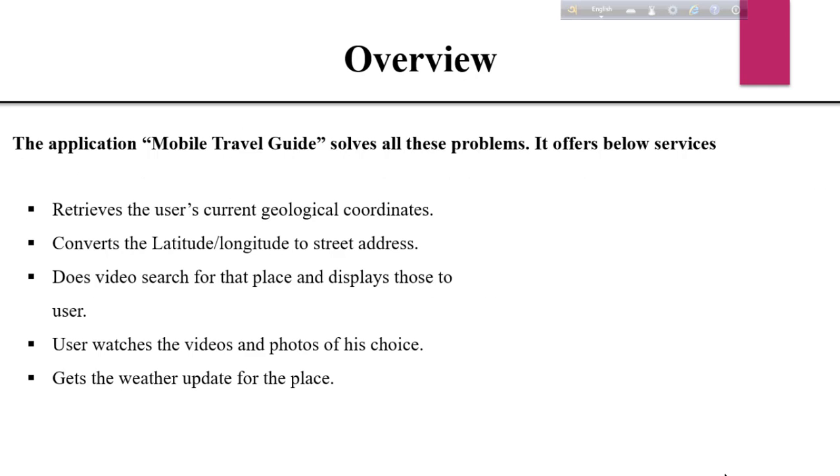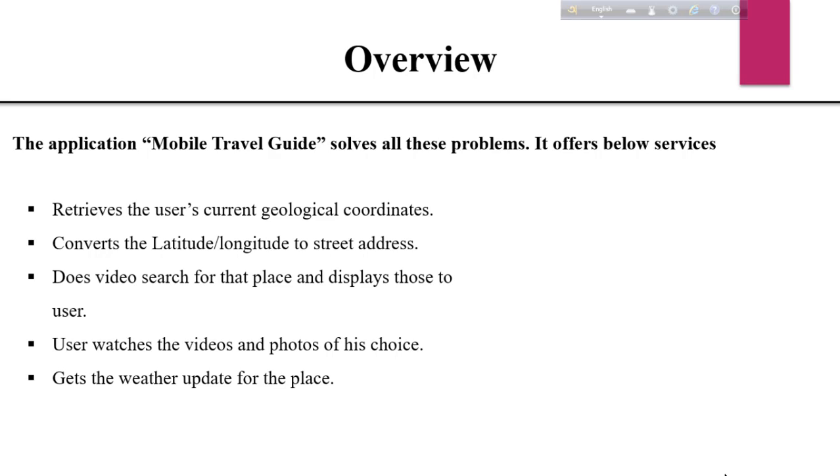Then I talk about overview, what features you get from my application. Firstly, users can get geological coordinates of a place. Then user can convert latitude longitude to street address, and users can search videos for that place and display those to the user.